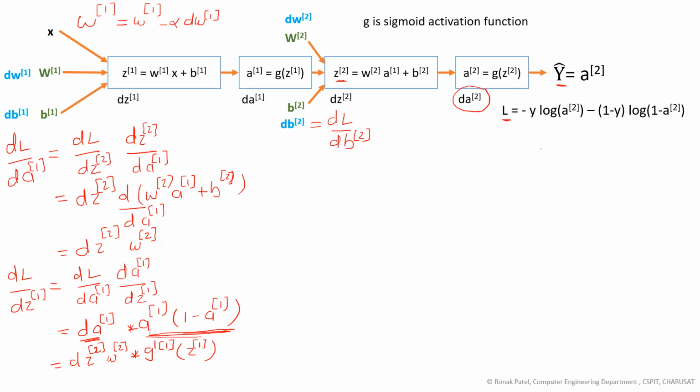So we have this a1 into 1 minus a1. So no need to find out da1 separately. Okay. So now we have calculated dz1.